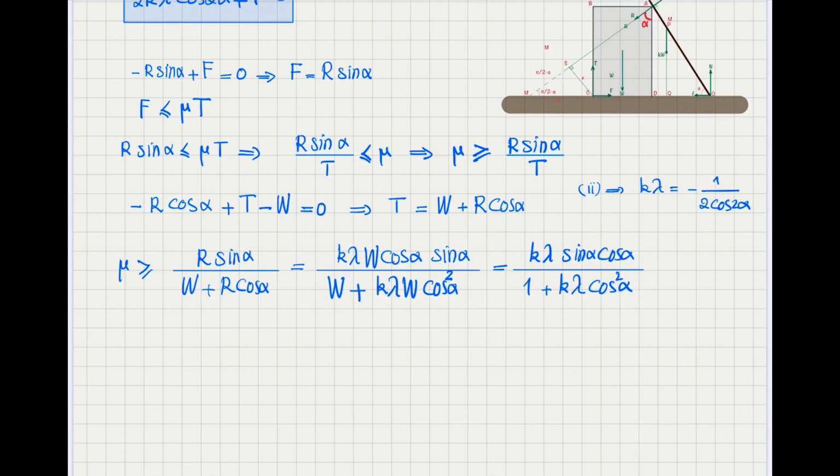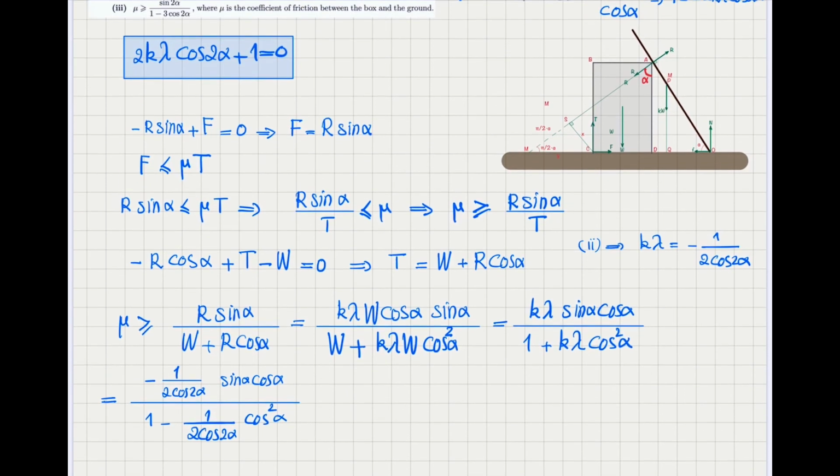So then this becomes equal to, instead of k lambda I put that expression, 2 cosine 2 alpha multiplied by sine alpha cosine alpha, and then divided by 1 minus 1 over 2 cosine 2 alpha multiplied by cosine squared alpha.